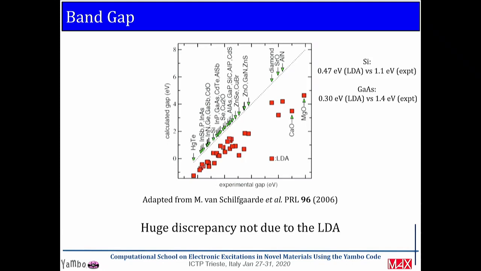As you can see, the estimated gap is one half of the experimental one, not even better than one half. This is not a problem of LDA. This is an intrinsic problem of using DFT, at least as a difference of eigenvalues, in estimating the gap of materials.